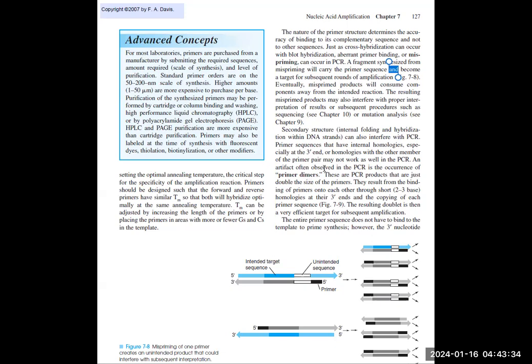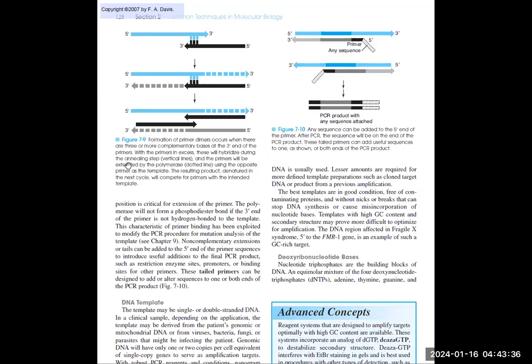We have primer dimers, and we also have tailed primers. Tailed primers are designed to alter sequences at one or both ends of the PCR product. So these primers are added to alter one or both ends of our amplicons.